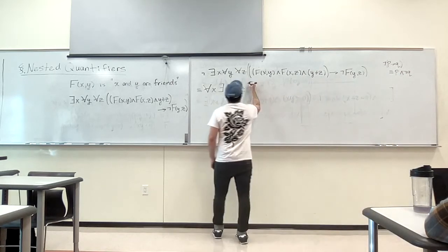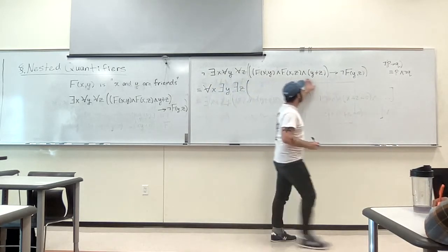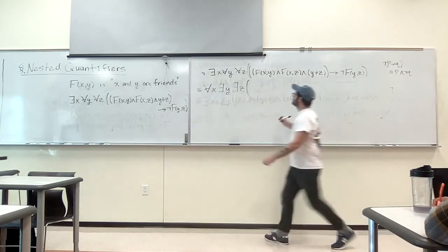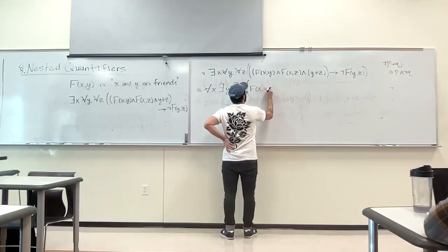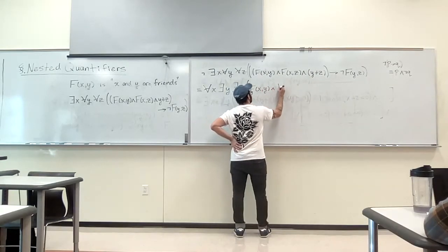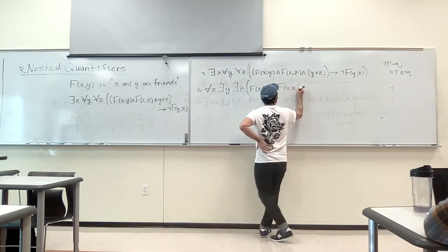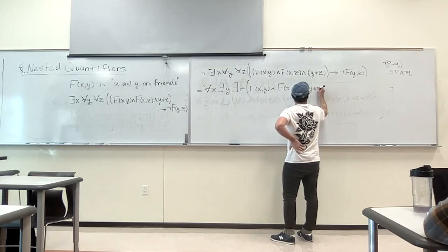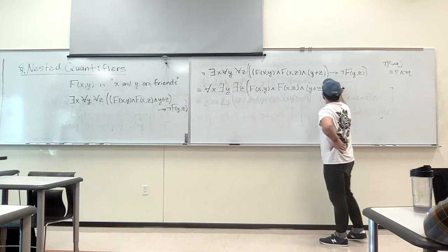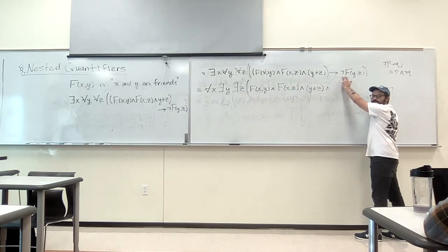So we can just put that in there, and we're just going to have a bunch of ands, right? This actually seems easier to read. The negation of the negation, we can apply the double negation law, and this is just the statement.